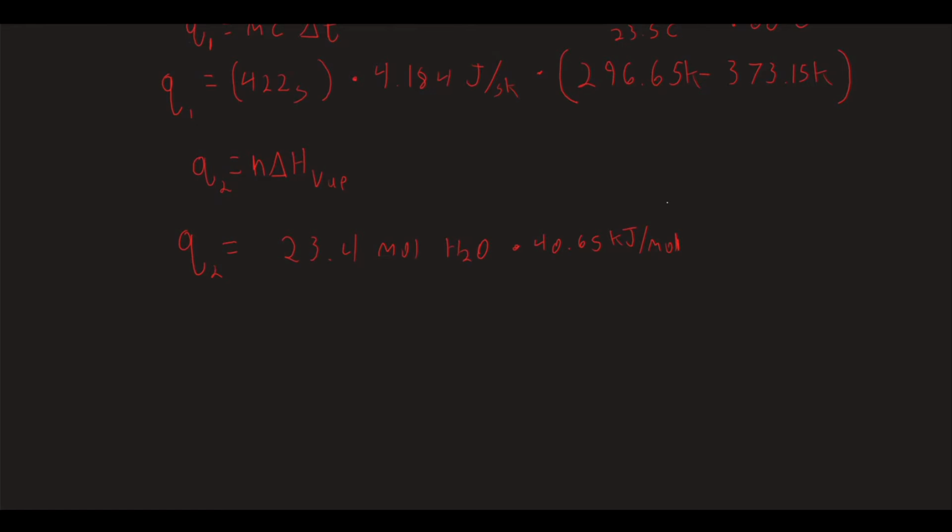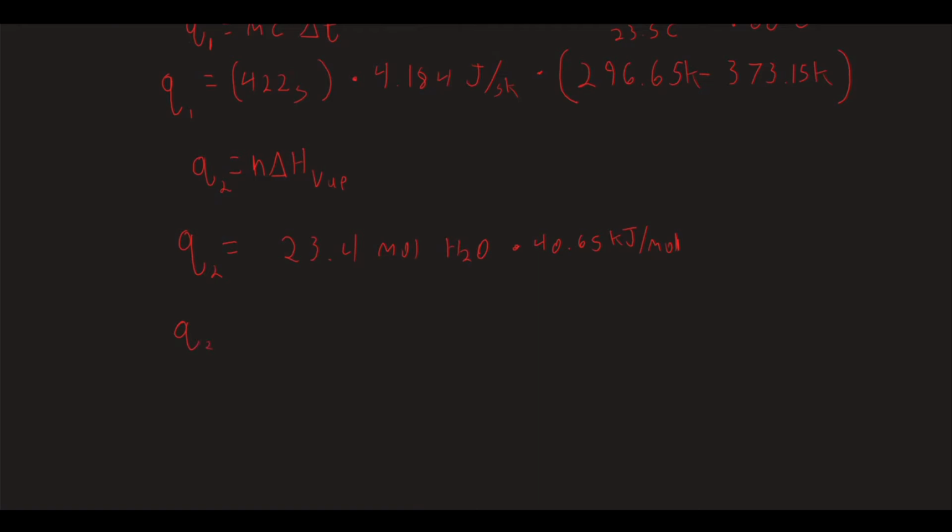Now at this point, we have converted all of our water from the liquid state into the gas state, but we are still at 100 degrees Celsius. So we need one final equation to put this all together, and that is Q3.